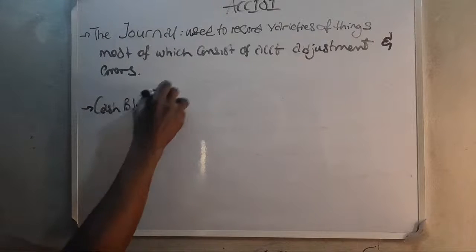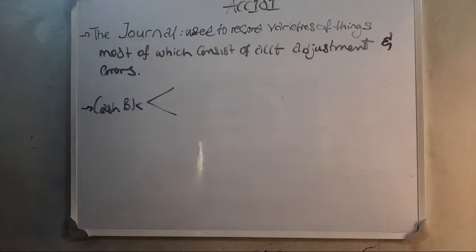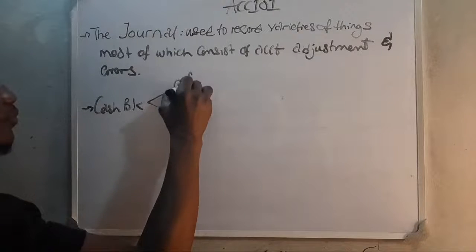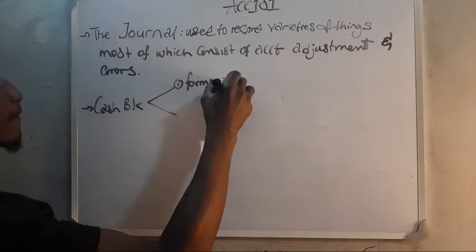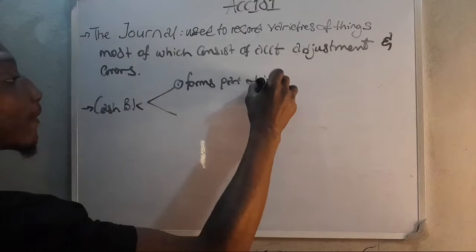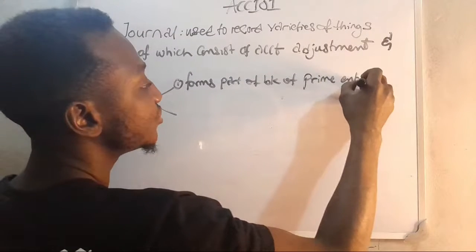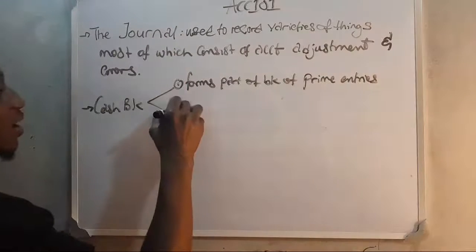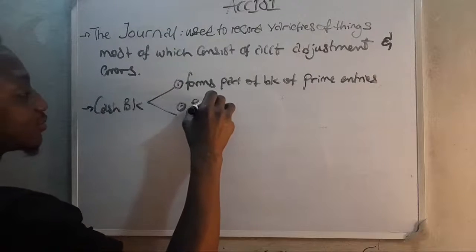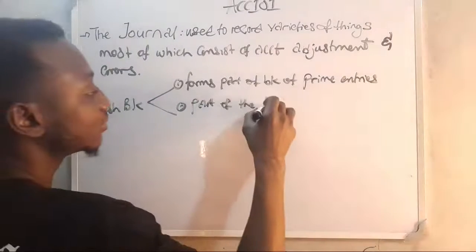The first function is that it forms part of the book of prime entries and also part of the ledger.